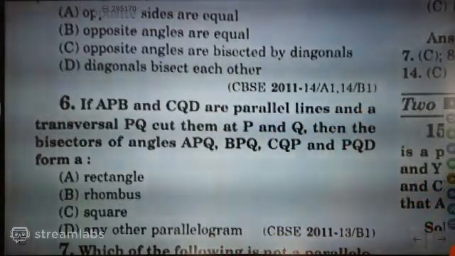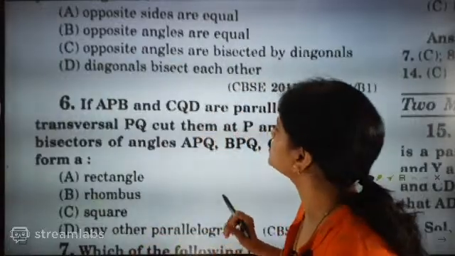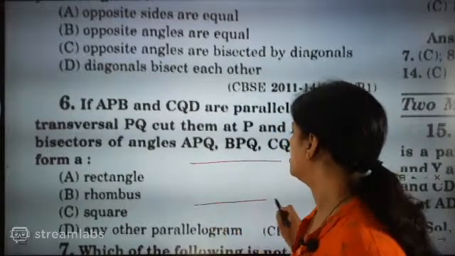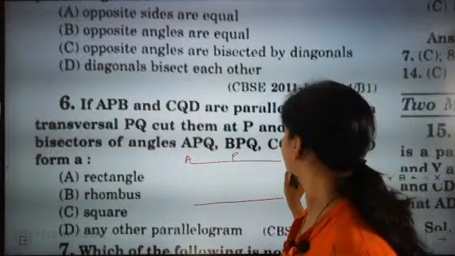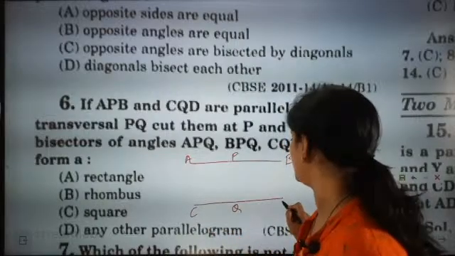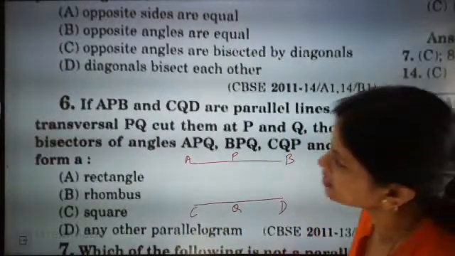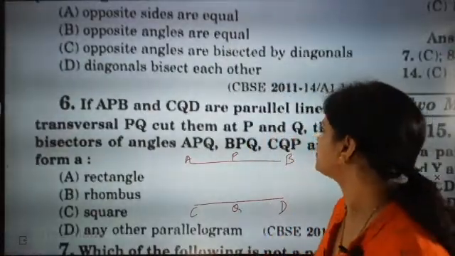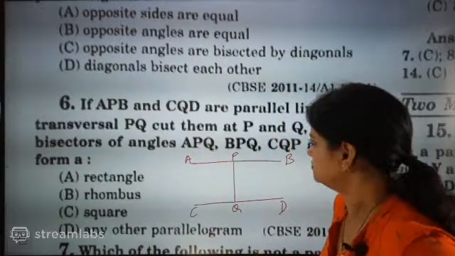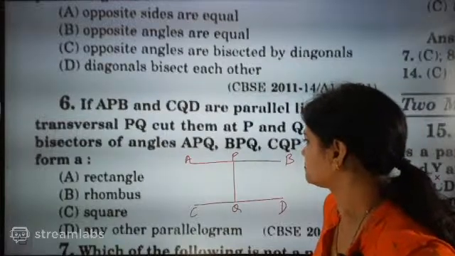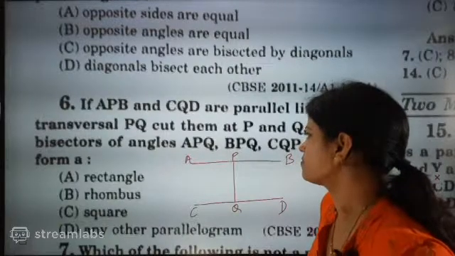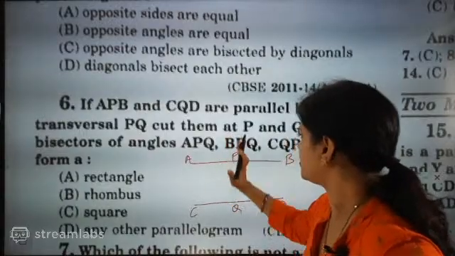APB and CQD are parallel lines, and a transversal PQ cuts them at P and Q. Then the bisector of angle APQ, the bisector of BPQ and CQP. I have made it a parallel line, perpendicular line.